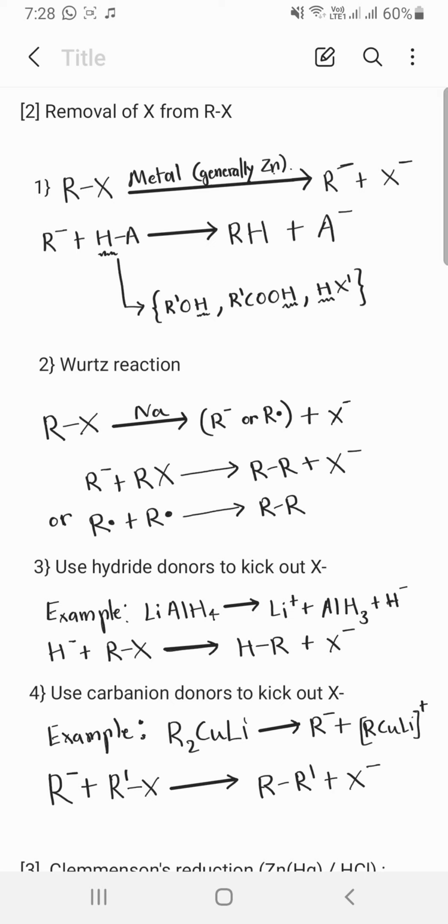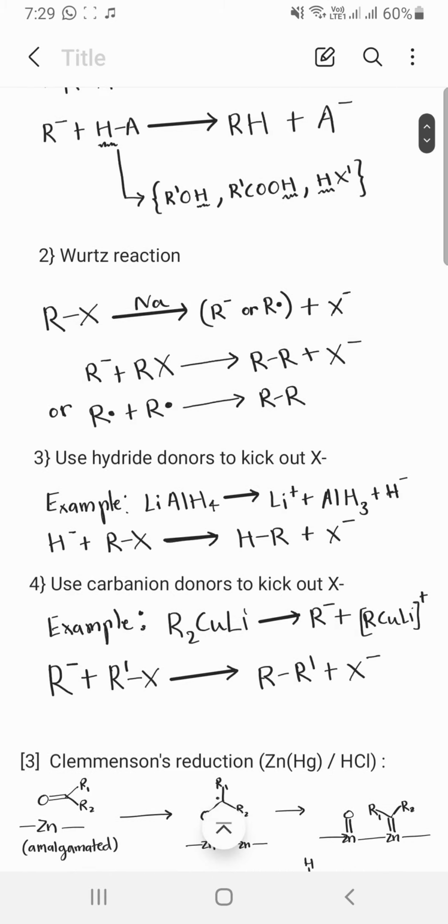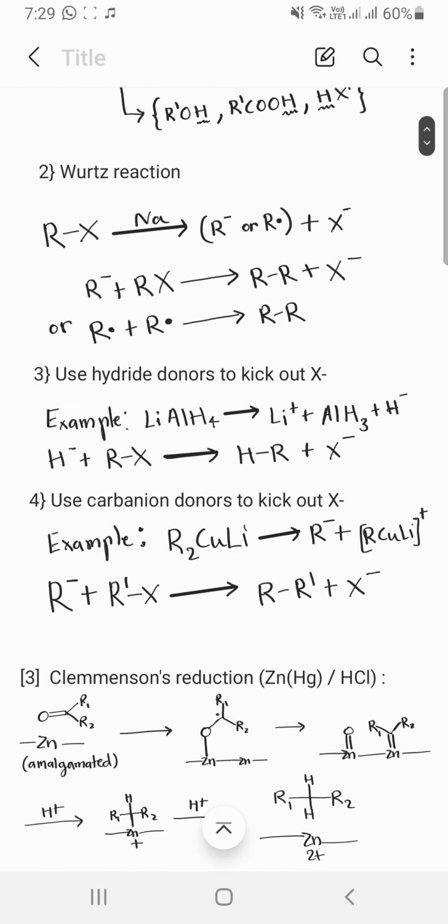So you need some kind of HA molecule to give you that hydrogen. So it could be alcohol, it could be water, it could be an organic acid, or actually a mineral acid. Fine. Wurtz reaction. Okay, cool.